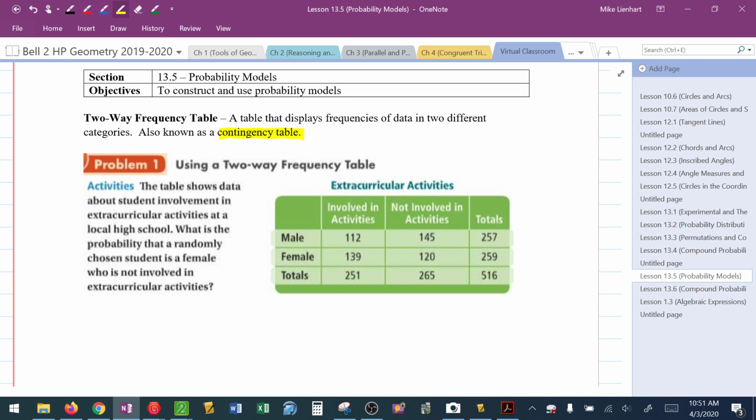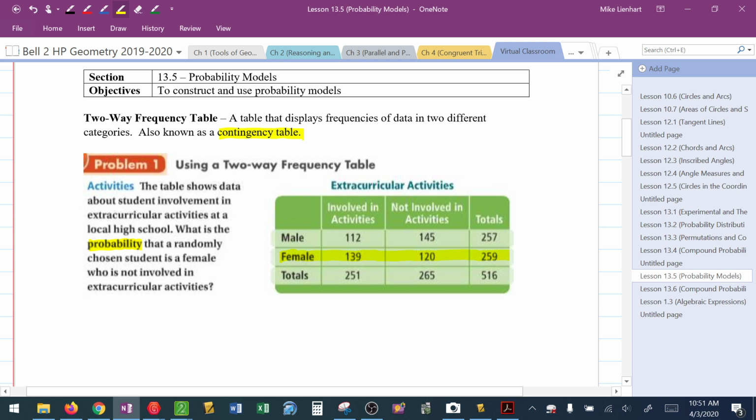In this first problem, it says the table shows data about student involvement in extracurricular activities at a local high school. What is the probability, there's my first keyword, probability, that a randomly chosen student is a female who is not involved in extracurricular activities? I've got a female, so I know I'm looking at this row right here.